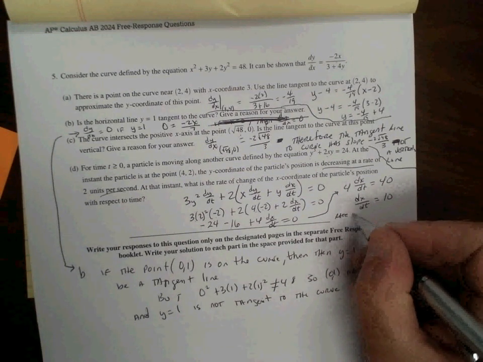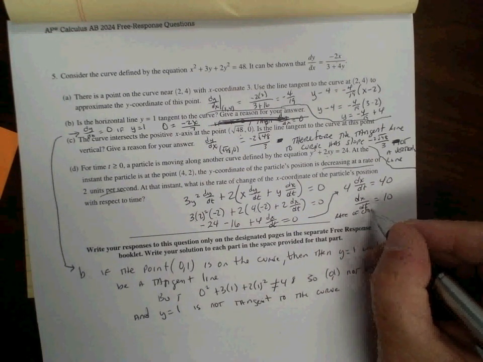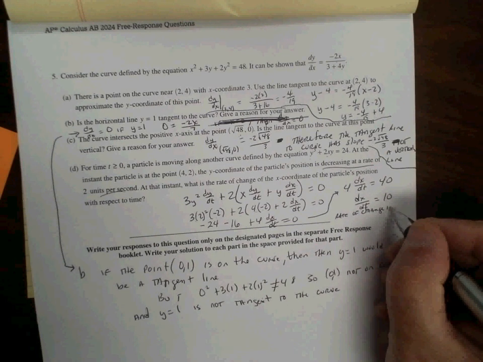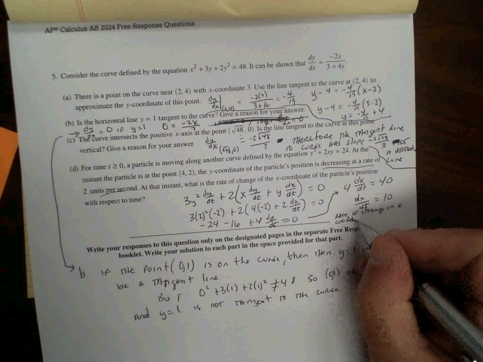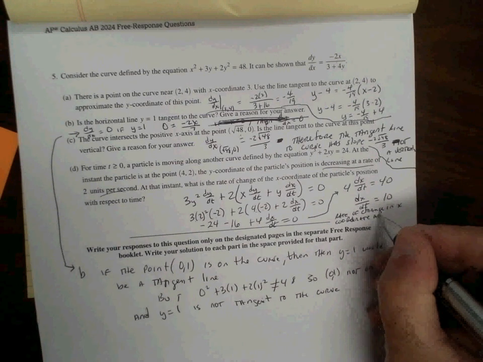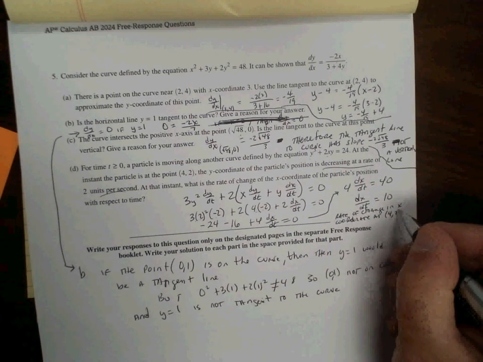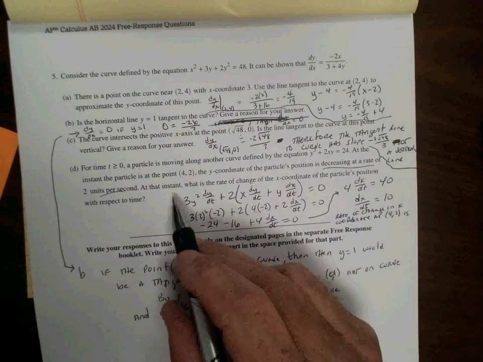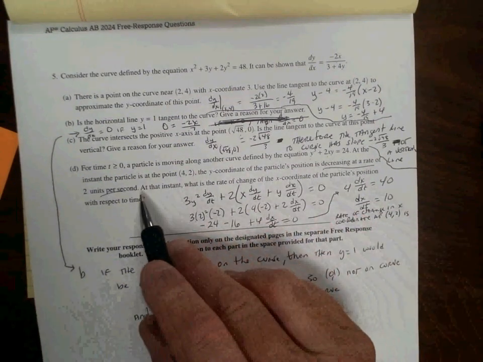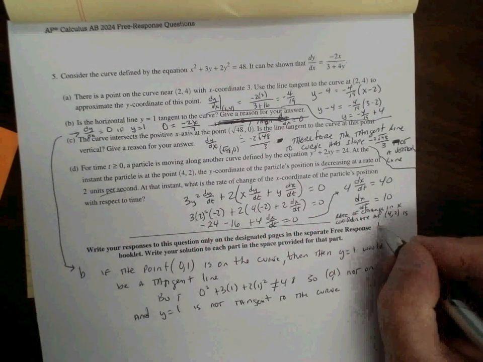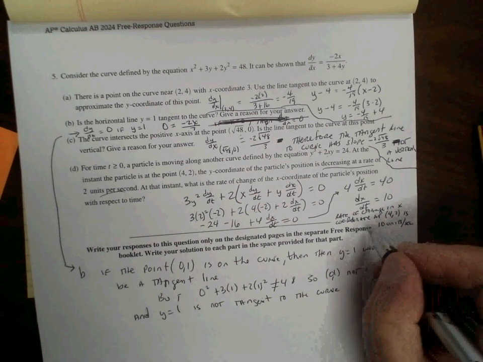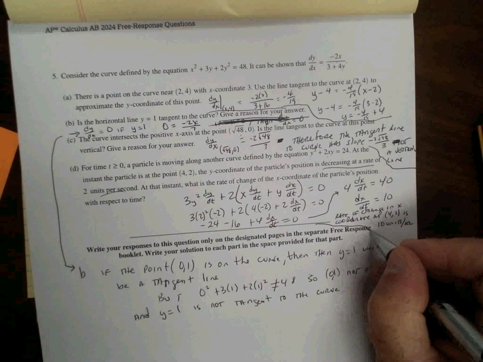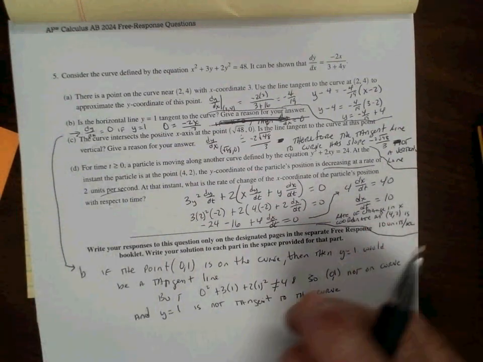So the rate of change of the x coordinate at (4, 2) is 10 units per second. And that's problem number 5.